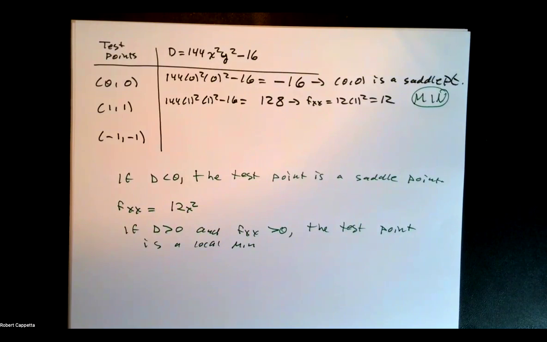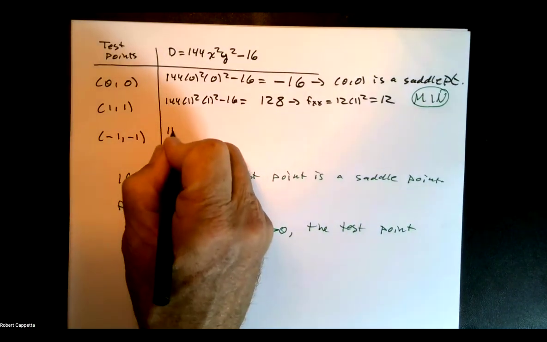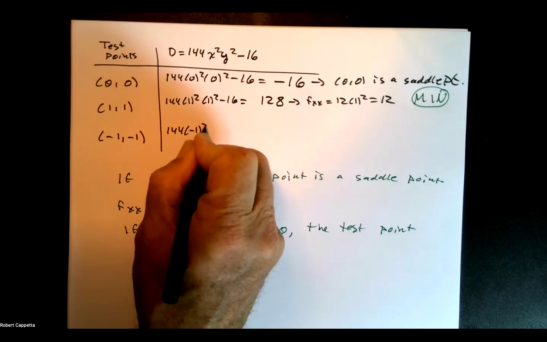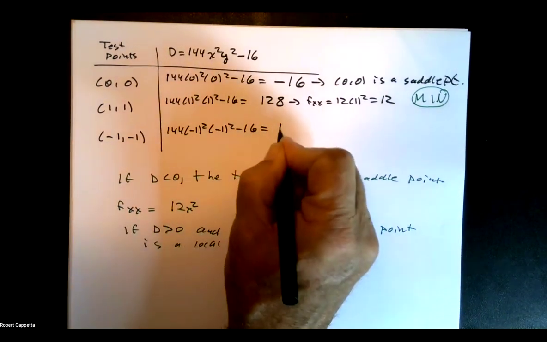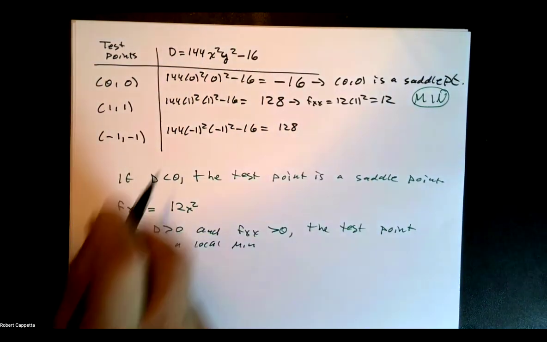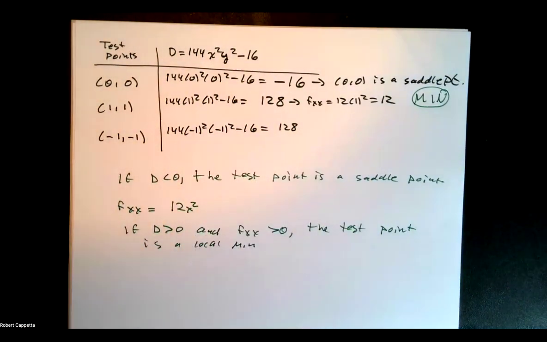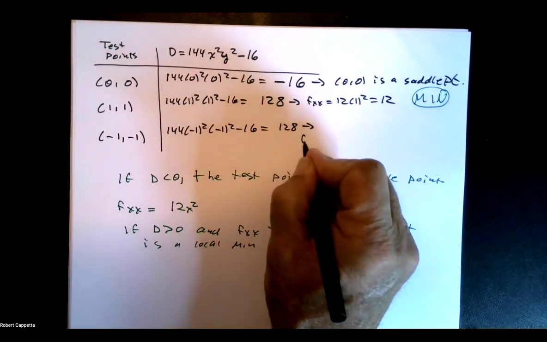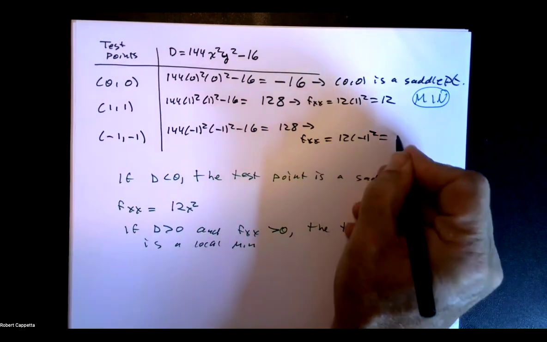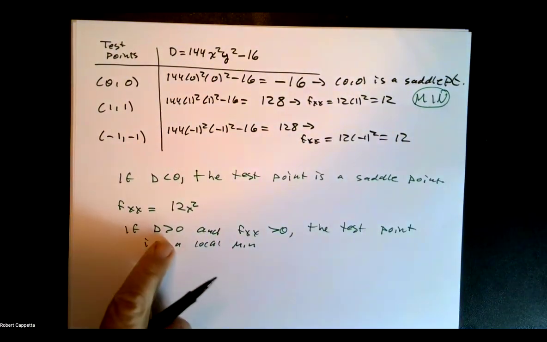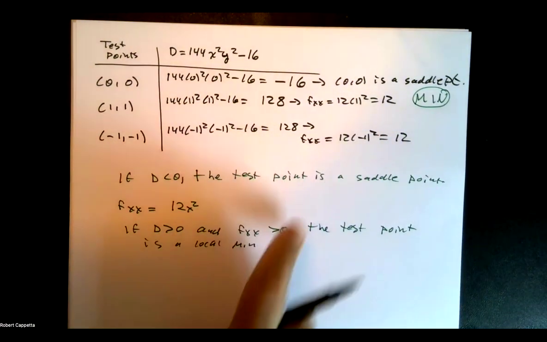And we'll see the same thing is going to happen for -1, -1. We see that 144, -1 squared, -1 squared minus 16 equals 128. Fxx, again, is still 12x squared. So fxx is 12 times -1 squared, which is 12. So same rule, D is positive, it is 128.